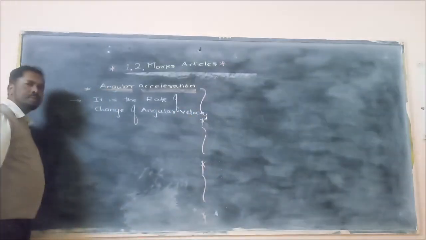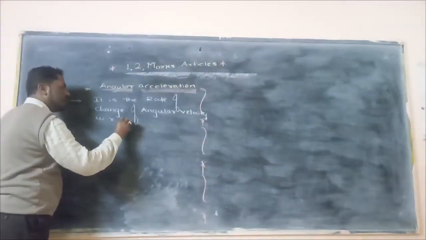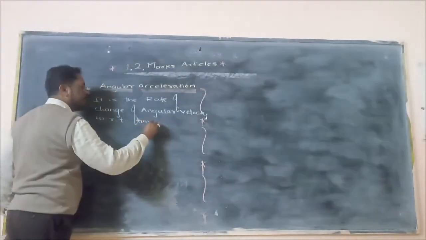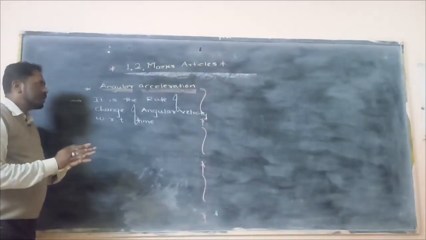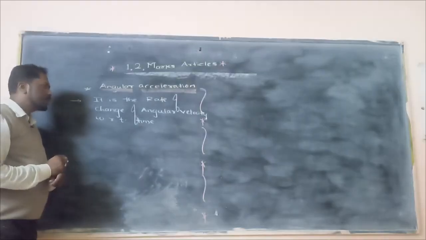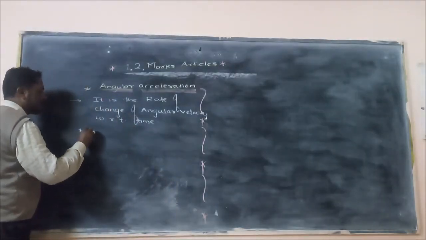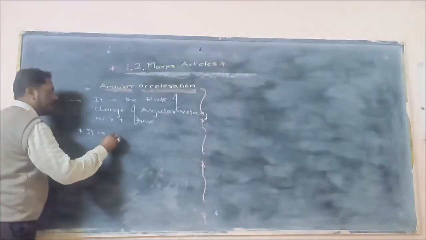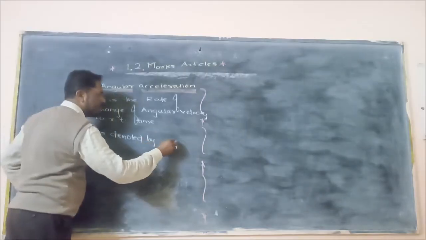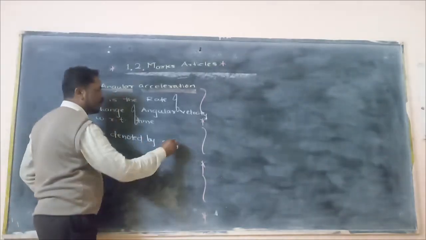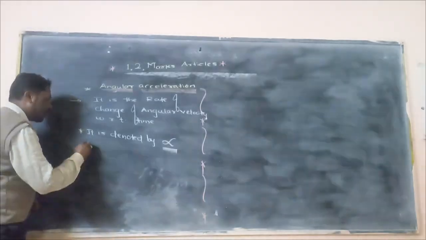It is the rate of change of angular velocity with respect to time. Okay, what is angular acceleration? It is the rate of change of angular velocity with respect to time. Okay, it is denoted by the factor alpha. It is denoted by the factor alpha.